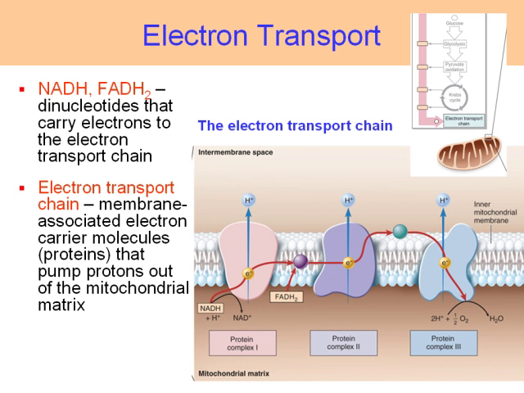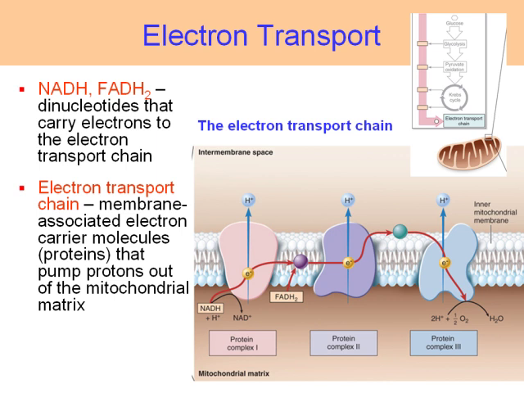And these proteins are important because they're going to pump protons or hydrogen ions out of the mitochondrial matrix. Their job is to pump hydrogen ions from the very inside of the mitochondrion up to the intermembrane space. Well, how exactly does that happen and why is that important?